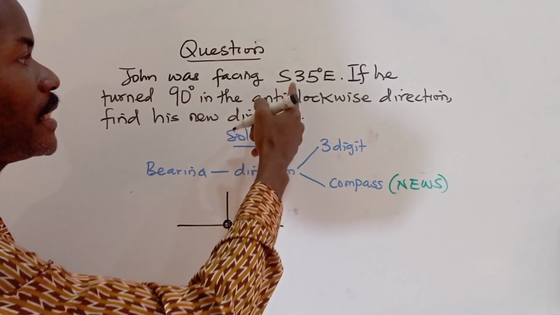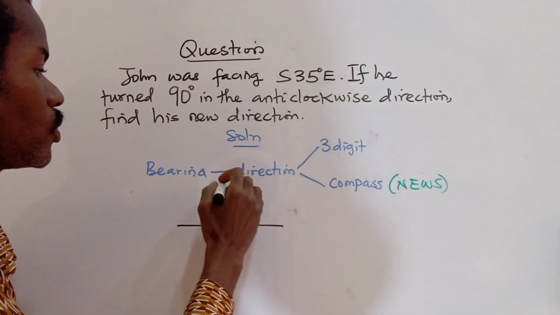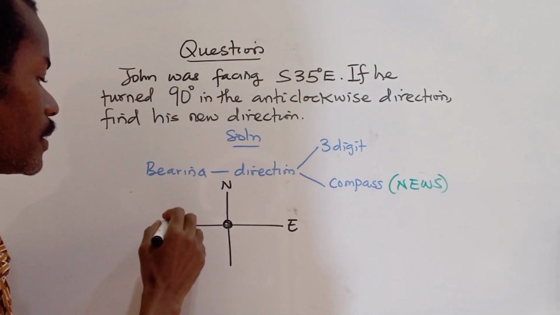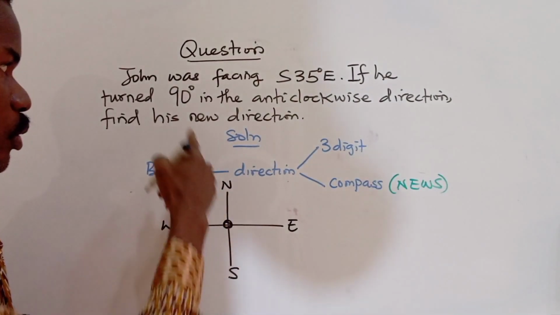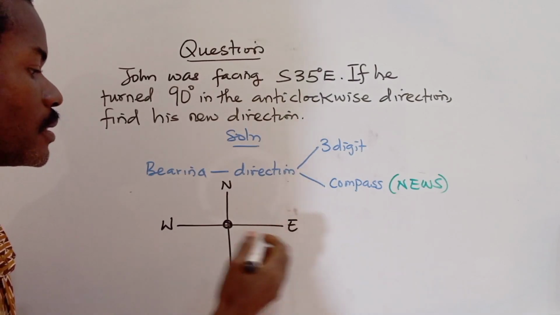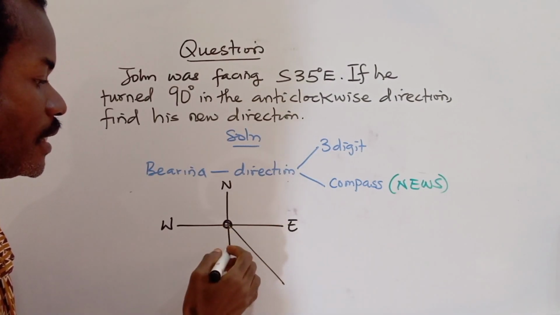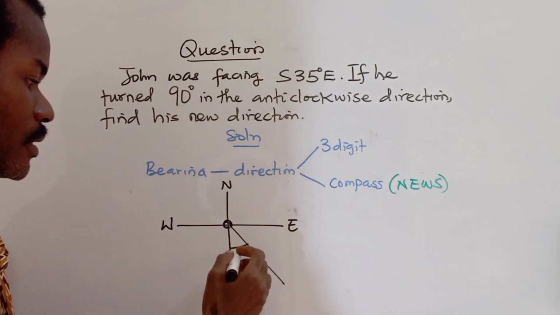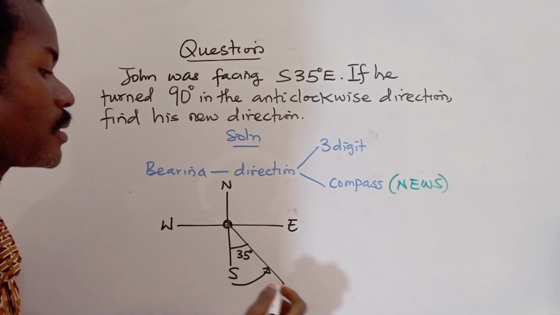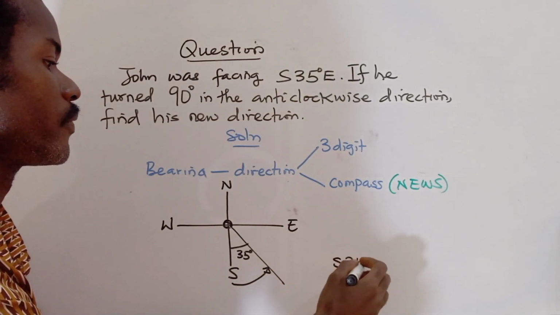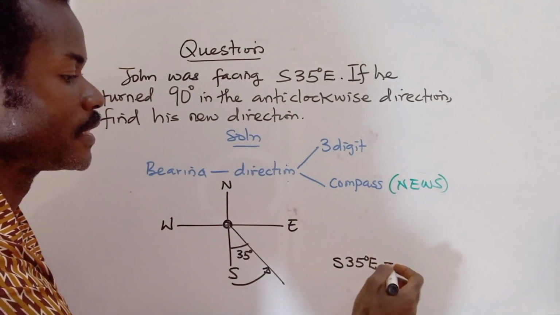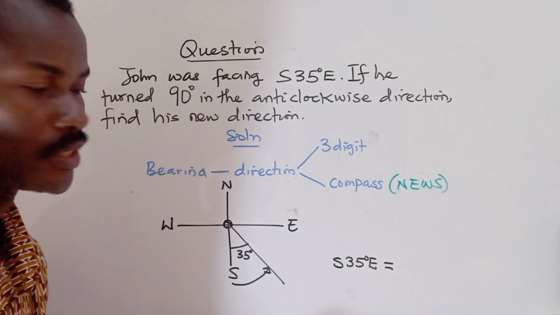He was facing, let's bring our NEWS: north, east, west, south. So John was facing what? South. So this is southeast. So he was facing here, and we have 35 degrees. So this is south 35 degrees east.